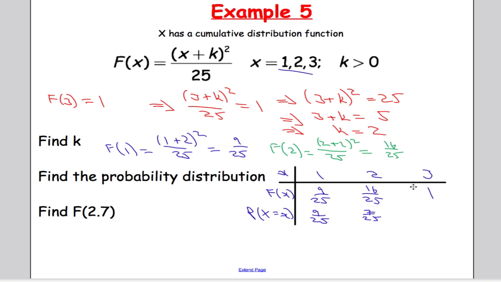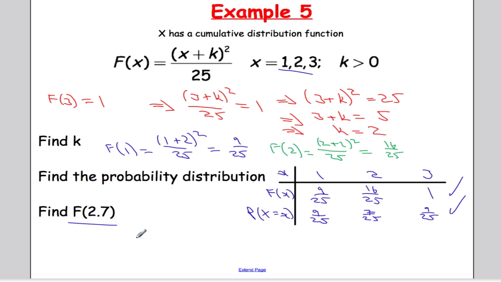And then finally, I know it's 16 over 25 here, and the last value is 1. That means I must have added 9 over 25. 16 over 25 plus 9 over 25 is 1. And just double check our answers by making sure that this adds up to 1 as well. 9 and 7 is 16, 16 and 9 is 25, so I know that both of these solutions are correct.